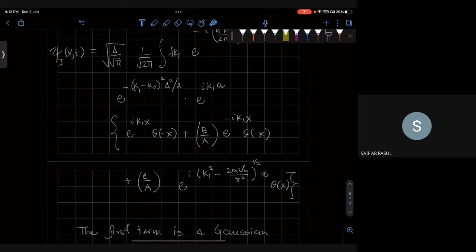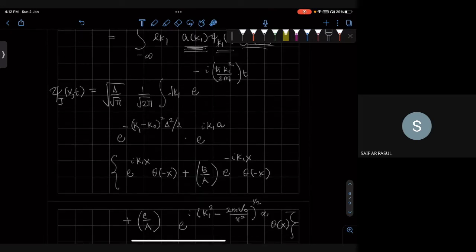But this whole thing is being multiplied by A of K1, which is a Gaussian, and A of K1 is very sharply peaked around K0. So when we do this integral, we can roughly think of this as being a constant, its value being taken as the value at K1 equals K0.